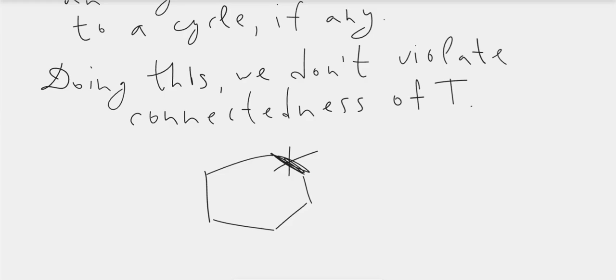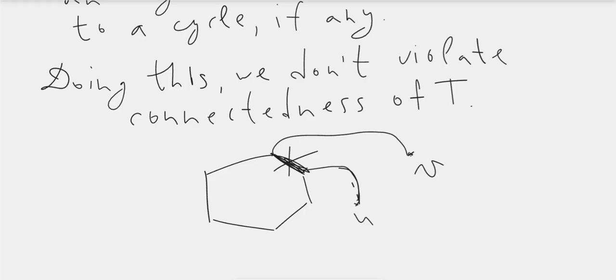If there was a path previously between two vertices U and V, connectedness means that any two vertices can be connected by a path in the graph. If this path doesn't pass through the removed edge, then nothing changes, this path still exists. The only case that remains to prove is when it did pass through this edge, a path like this.